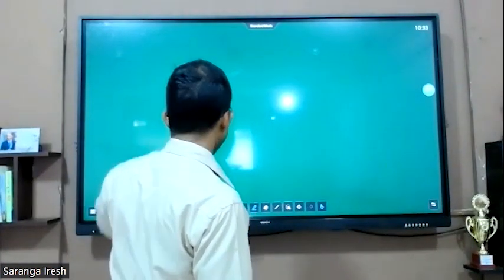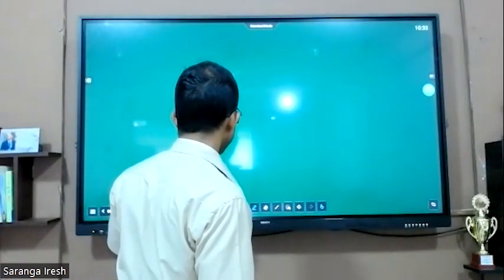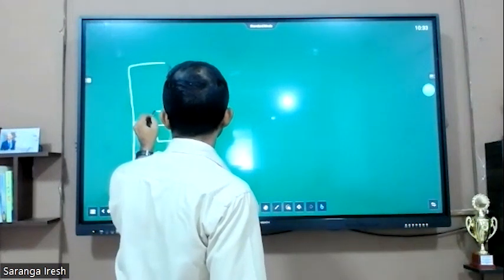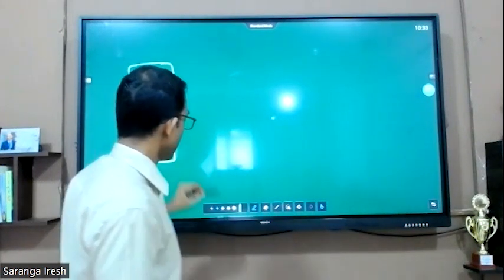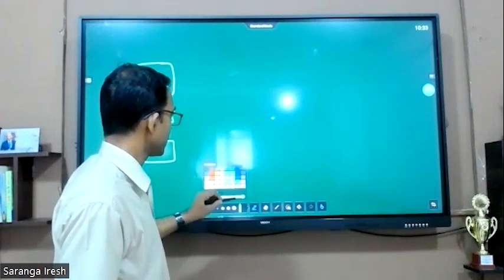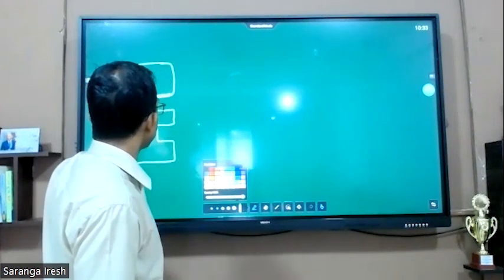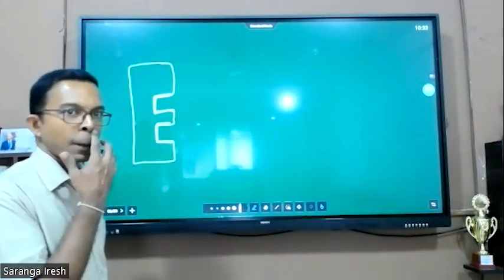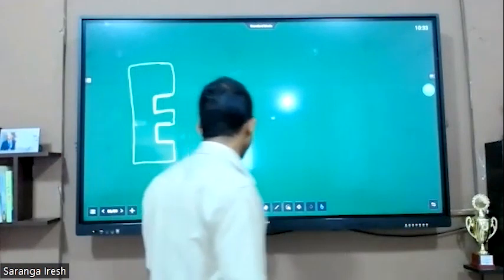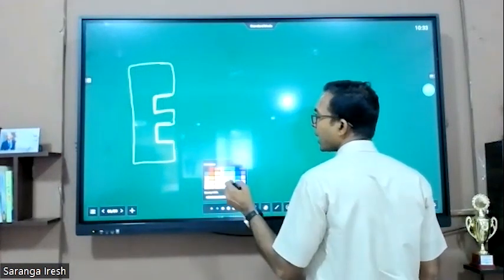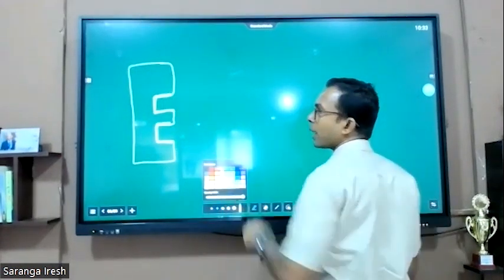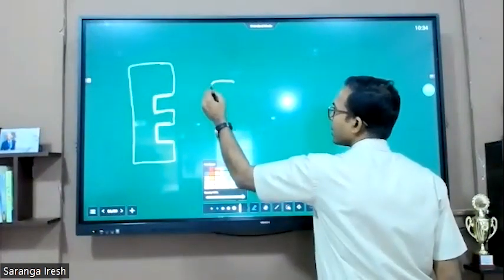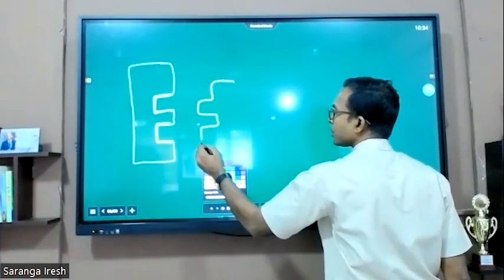I will draw this. Here is the enzyme molecule. These are the active sites. Here we have the active site. This is the active site. This is another active site. Therefore, the substrate should have a similar shape for these active sites to bind to it.